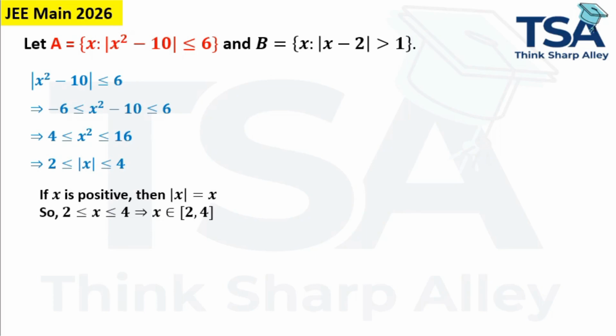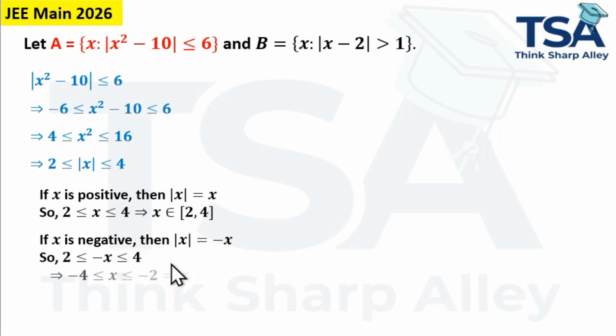But if x is negative, remember that modulus x flips the sign, which means modulus x will be equal to -x, which means the inequation becomes 2 less equal to -x less equal to 4. So, for modulus x to be between 2 and 4, x must be between -4 and -2, multiplying every side by -1, so the inequality sign also changes, which means x must belong to -4, -2.